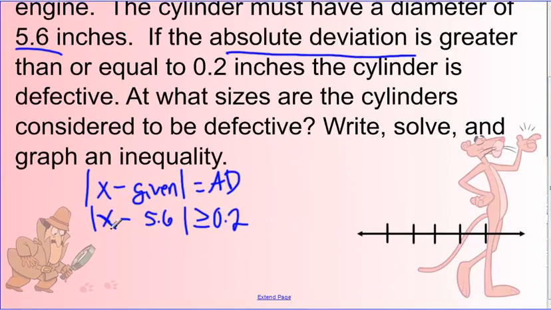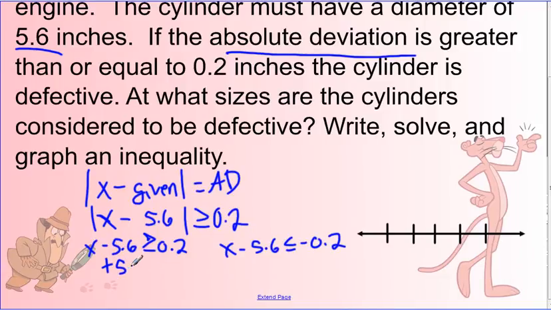So if we solve this now, we get our answer. So we just separate it. X minus 5.6 is greater than or equal to 0.2, and x minus 5.6 is less than or equal to negative 0.2. So I change the sign and the sign. And we solve, so we add 5.6 to both sides. These cancel out, and x is greater than or equal to 5.8 inches.